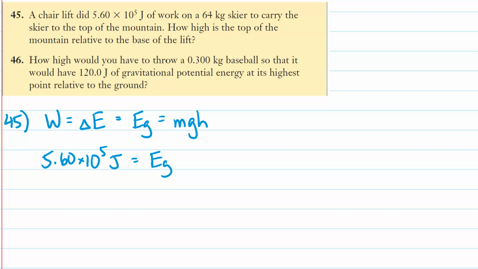Okay, now, what does the question want? How high is the top of the mountain? So now we know we have a gravitational potential energy amount, 5.6 times 10 to the 5. We know that equals m times g times h, and we know how to isolate for h. Divide both sides by m times g.